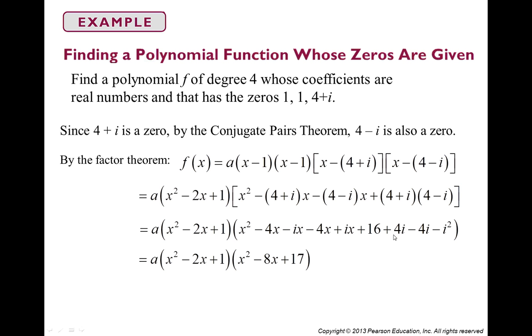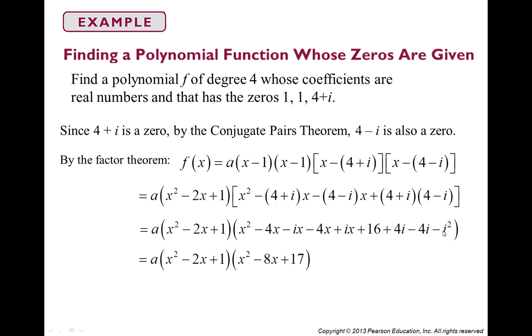Okay, so let's simplify this down. Thankfully, x squared stays. Negative 4x minus 4 more x's becomes negative 8x. Negative ix plus ix cancel. 4i minus 4i cancels.